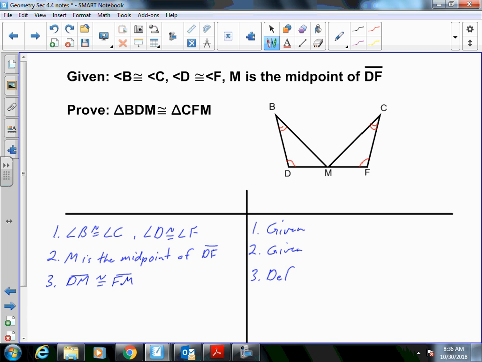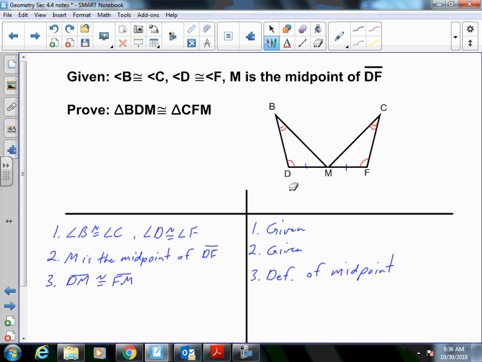And that's based on the definition of midpoint, since that definition says that it's a point that divides a segment into two congruent segments. That's how we know those two segments are congruent.